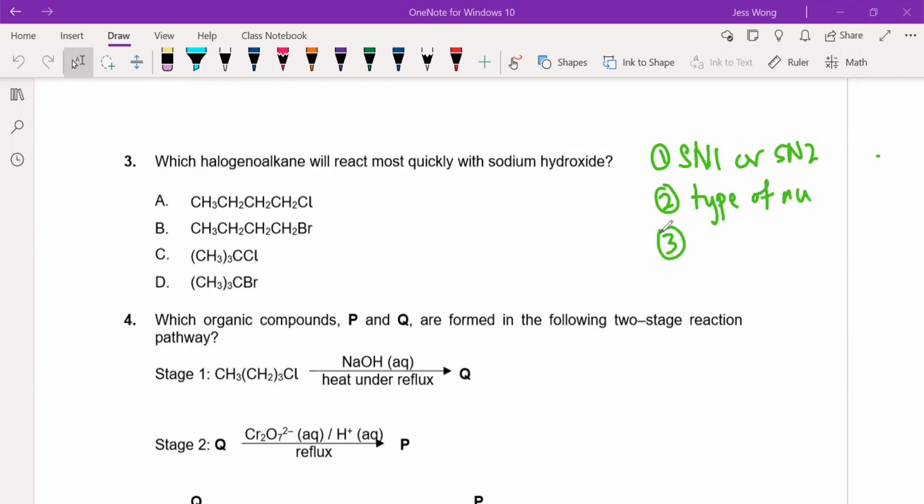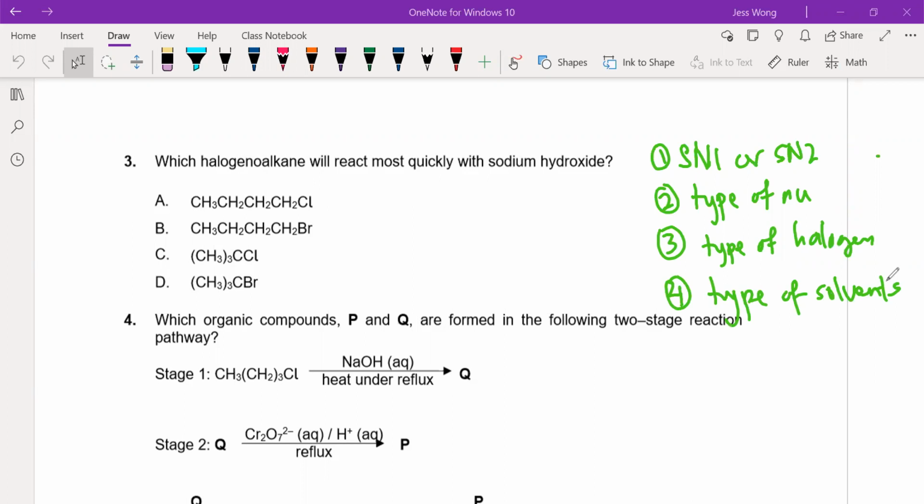The third factor is the type of halogen. And the fourth factor is the type of solvent. These are the 4 factors that affect the rate of a nucleophilic substitution reaction.